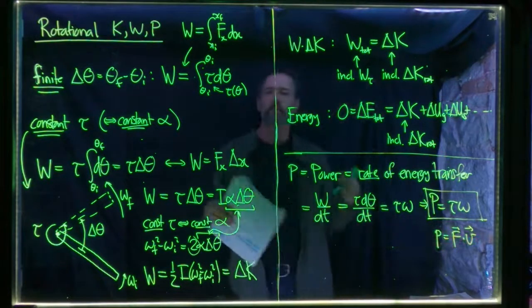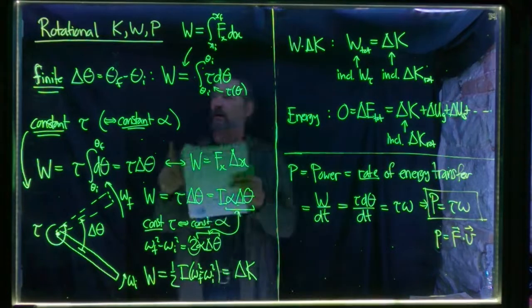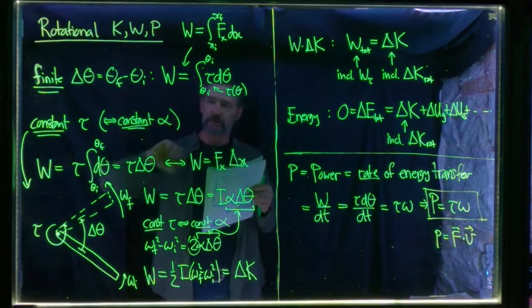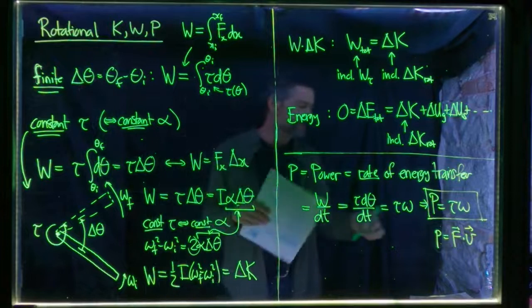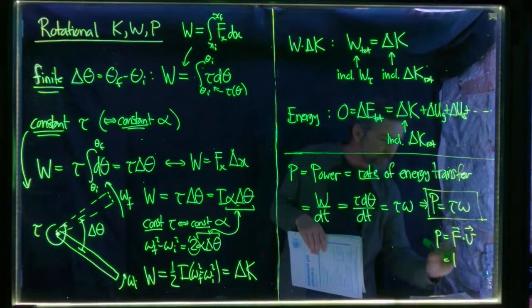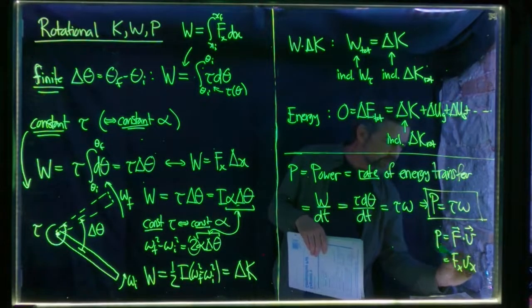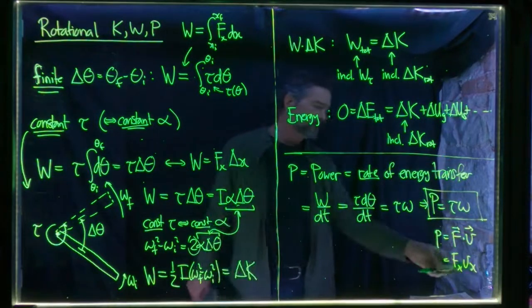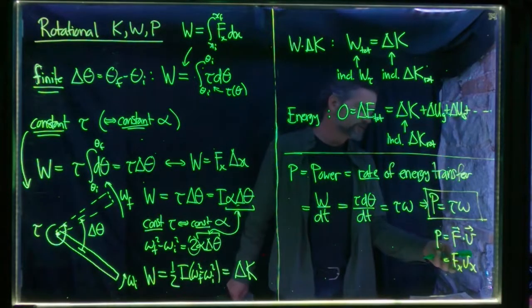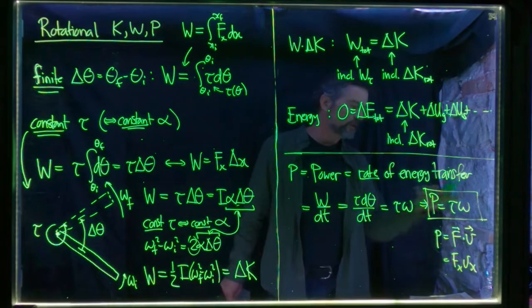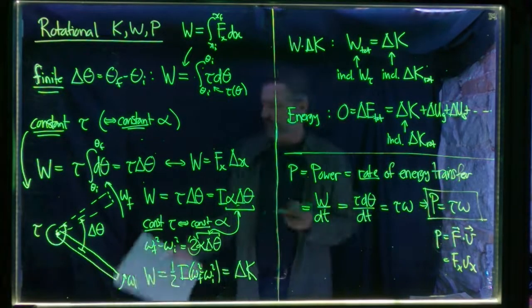If we're just moving along the x-axis instead of something moving around a circle, then this will just be Fx times vx. So this is exactly analogous: instead of linear force times linear velocity, it's angular force, or torque, times angular velocity, omega. It's exactly the same concept.